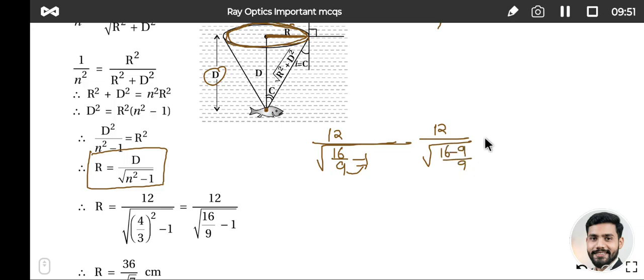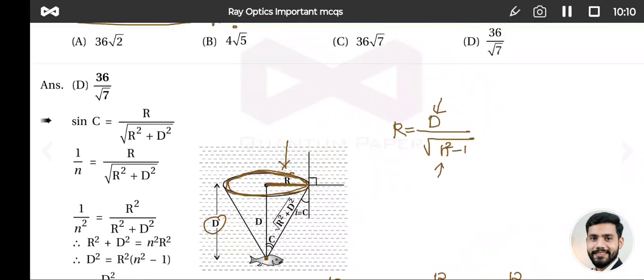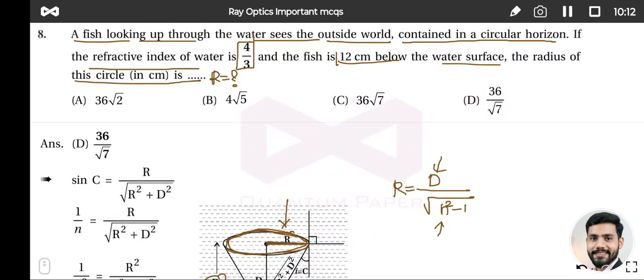So 16 minus 9 is 7, so root 7 by 9. Root 7 we cannot find out, but root of 9 is 3. So the denominator of the denominator will go in the numerator. So 12 threes are 36 upon root 7. So the correct answer is 36 by root 7, option number D.